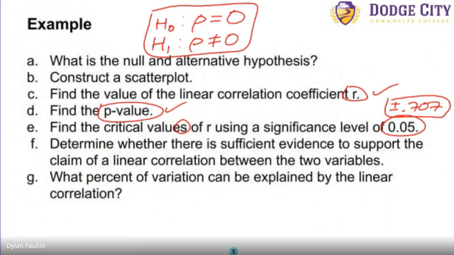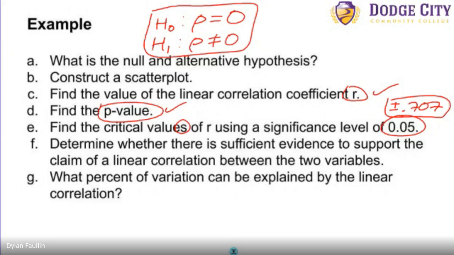But you can also do a quick Google search like I did. Just search for critical values for R, and you'll find plenty of charts. They should all agree on the critical value, so you shouldn't get different answers from different charts. And if it ends up being a problem, please just email me. If on the homework you can't find the critical values for some reason, let me know and I'll help you out.